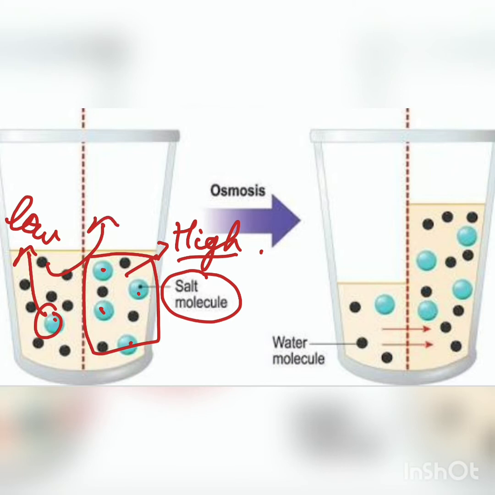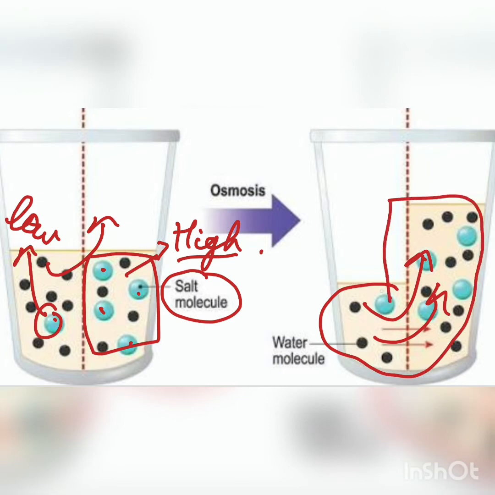So, the water molecules will move from low concentration to high concentration to equalize the solution. This transfer of water depends upon the osmotic gradient, that means it is passive transport. On the other hand, active transport occurs against the osmotic gradient and hence requires energy.